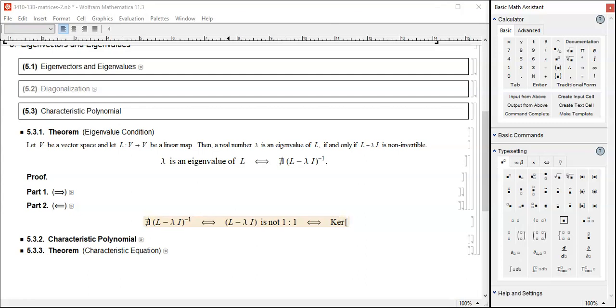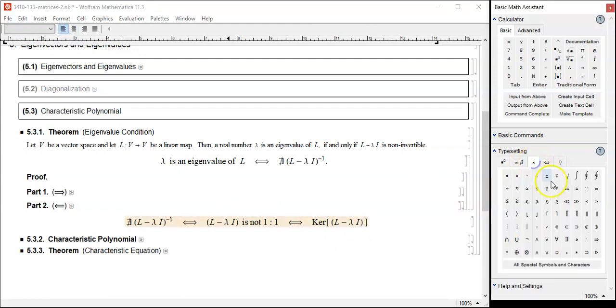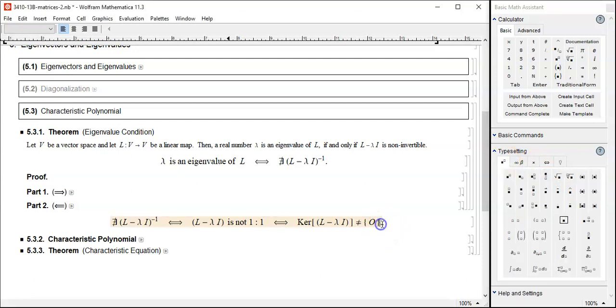The kernel of this thing is non-zero. One-to-one is equivalent to the kernel being just 0 and nothing more. We could prove it directly, or we could use the rank theorem, but that's all about linear algebra. And this sounds too much like linear algebra, but we started, so let's finish it.